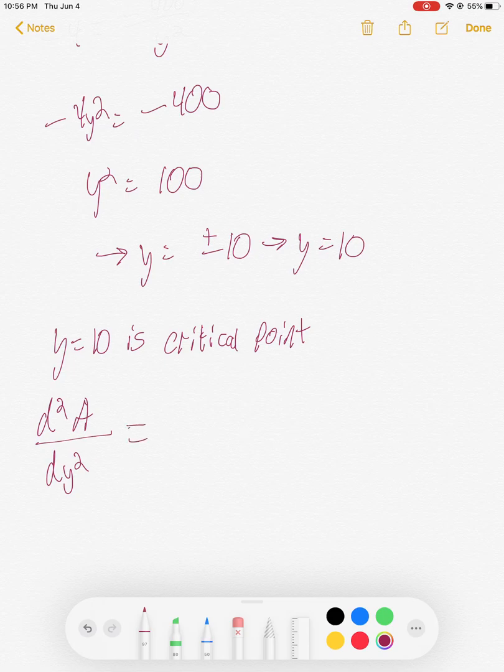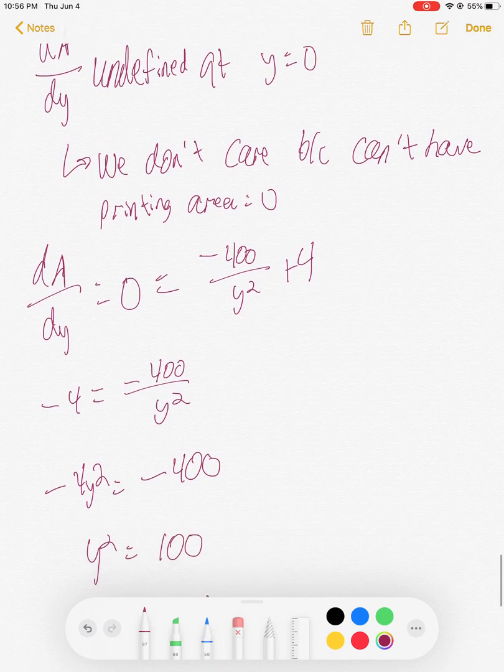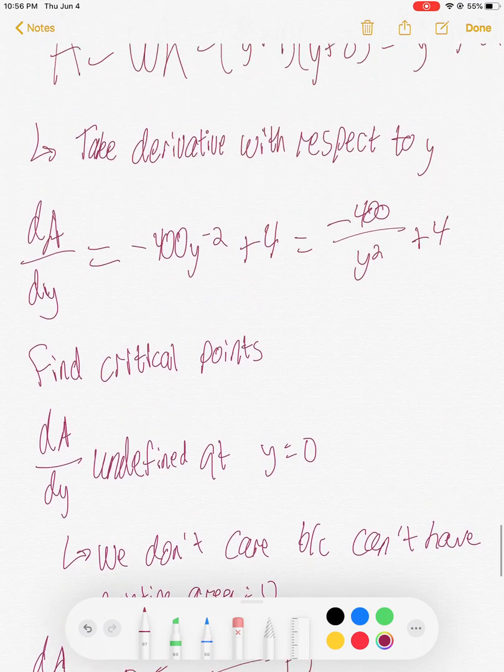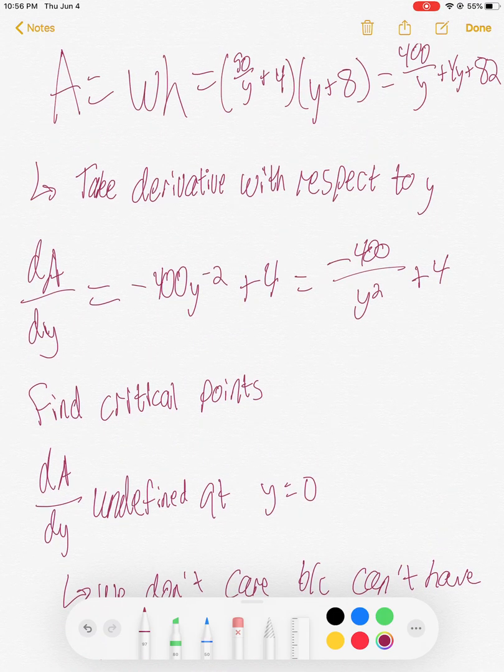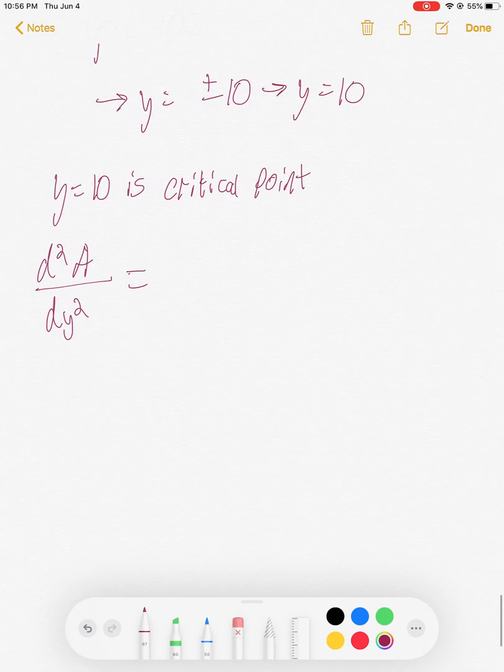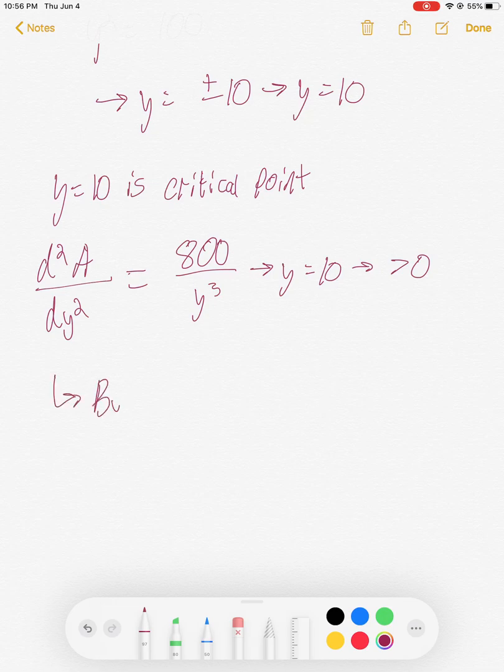So y equals 10 is a critical point, and let's check that using the second derivative test. d2A dy squared equals, if I take the derivative of this derivative, negative 400 y to the negative 2, I get 800 y to the negative 3, or 800 over y cubed.